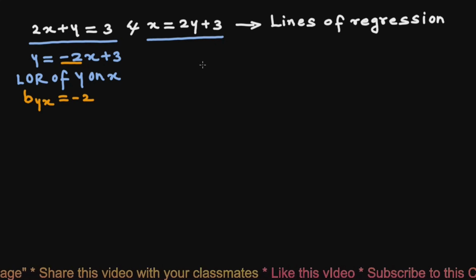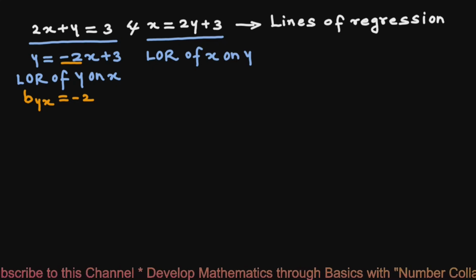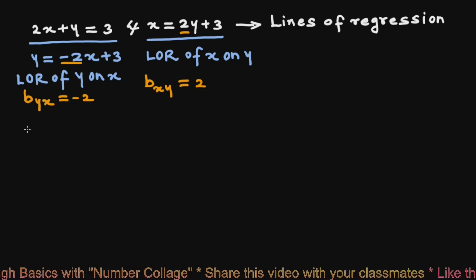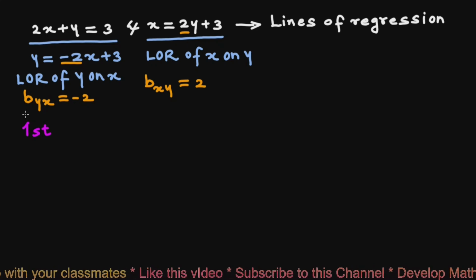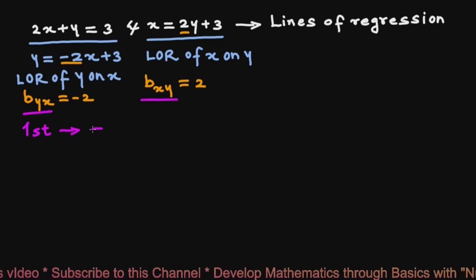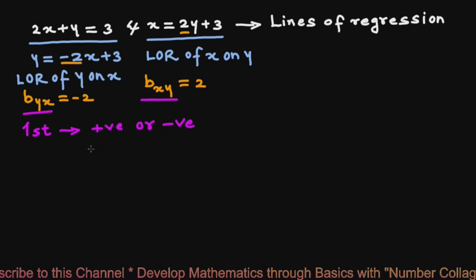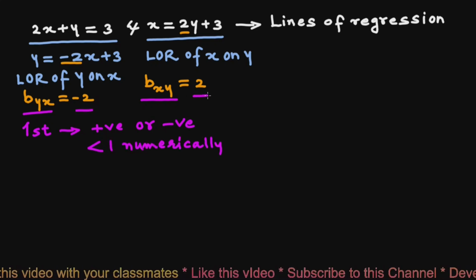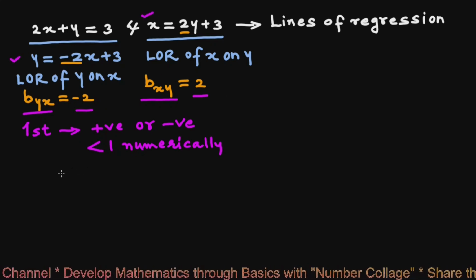This line obviously is the line of regression of x on y, whose coefficient of regression bxy is this 2. In the first property of the coefficients of lines of regression, we have seen that both byx and bxy must be either positive or both must be negative, and both should be less than 1 numerically. But here they are greater than 1 numerically. Therefore, these two lines in this form cannot be the lines of regression.